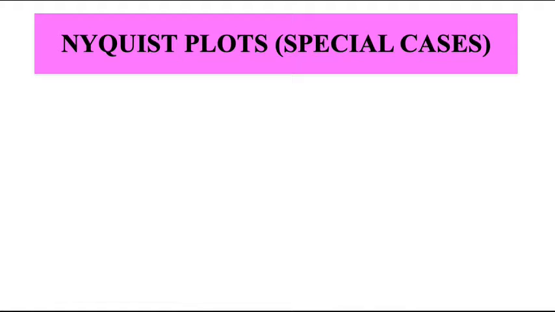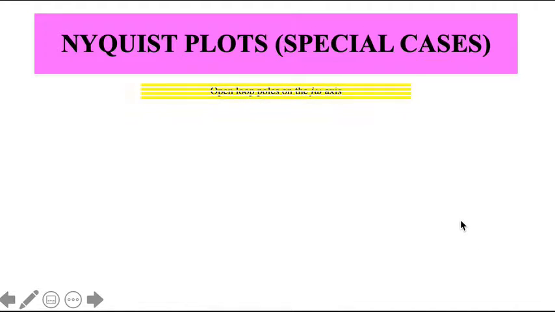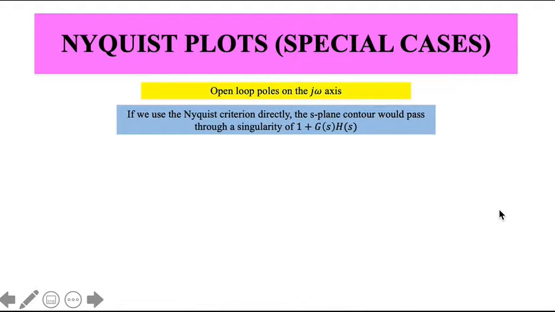How do we handle these conformal maps on the Nyquist contour when the open loop poles are on the j omega axis? If you use the Nyquist criterion directly, the S plane contour would pass through a singular point of 1 plus GH. This would just blow up.